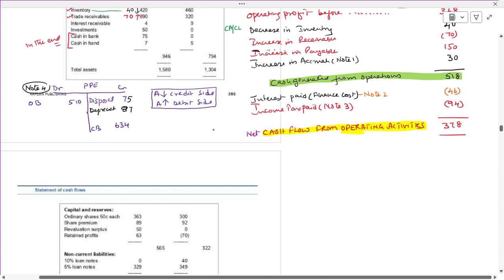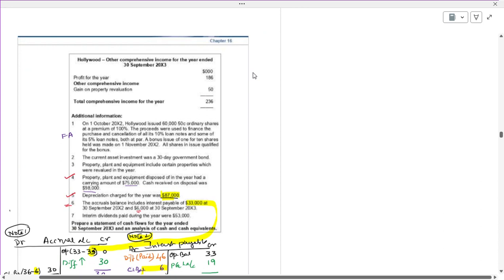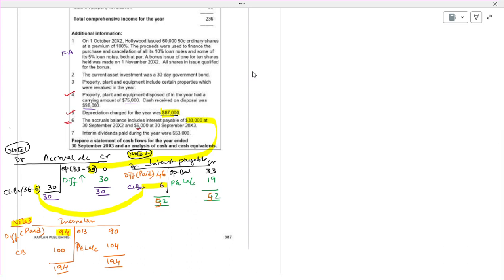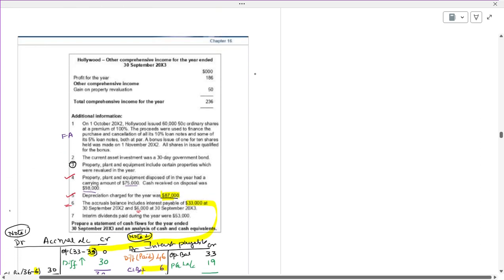Next. See the things. Anything else we have to take? Revaluation. Point number 3, revaluation. Where is revaluation given? In OCI, other comprehensive income. It is almost revision of what we are doing.